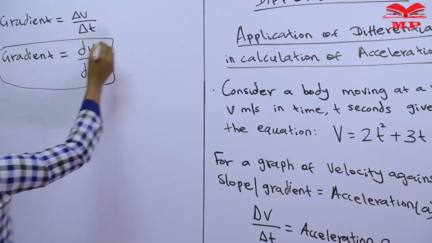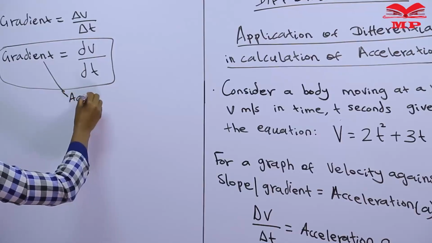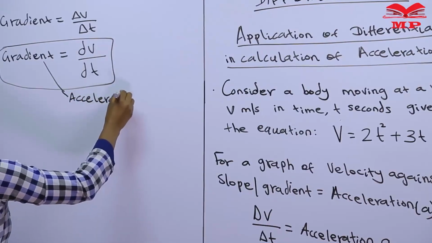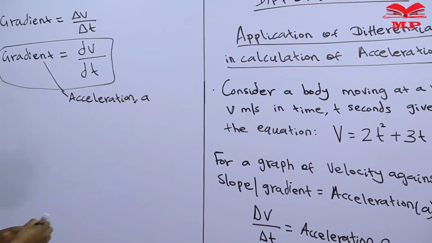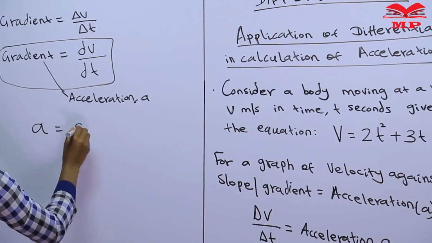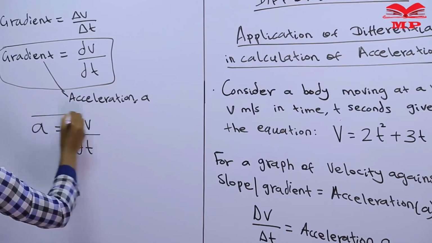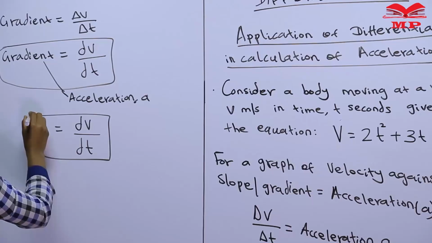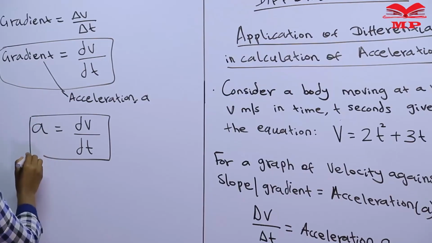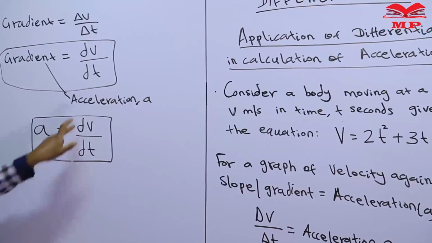And this gradient is what we are saying is equal to the acceleration A. And therefore, by differentiation, acceleration A is equal to dv all over dt. And this will give us the acceleration.